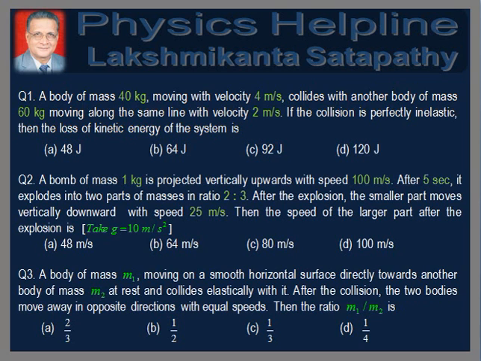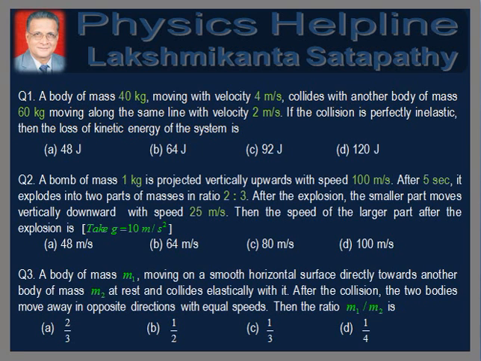Then the speed of the larger part after the explosion is. Take acceleration due to gravity is equal to 10 meters per second square. The options are 48 meters per second, 64 meters per second, 80 meters per second and 100 meters per second.